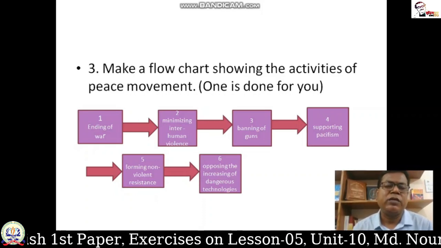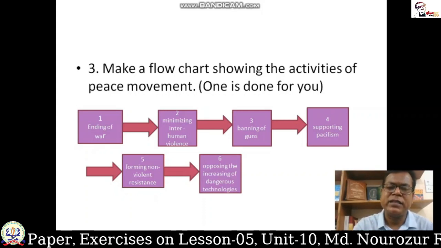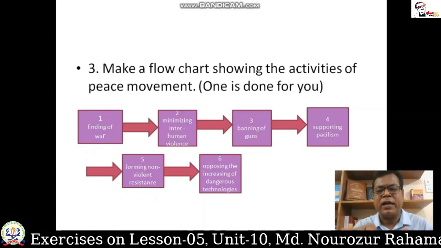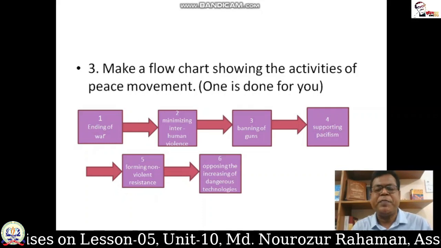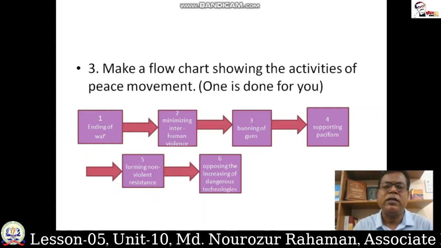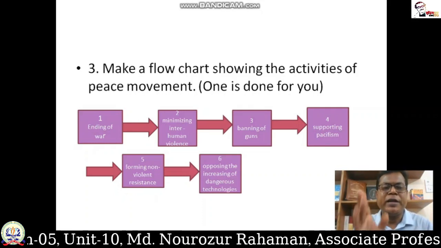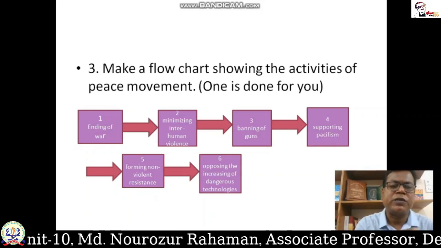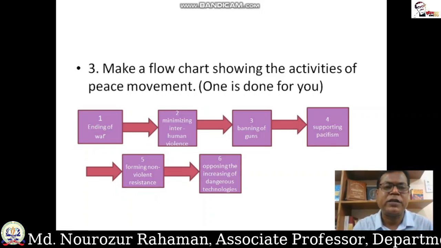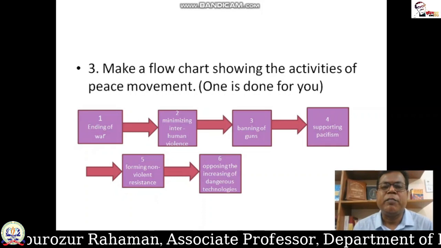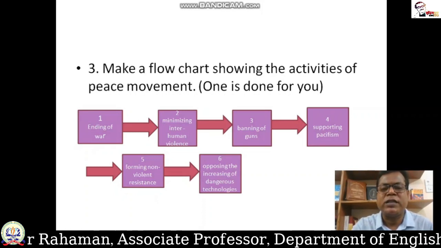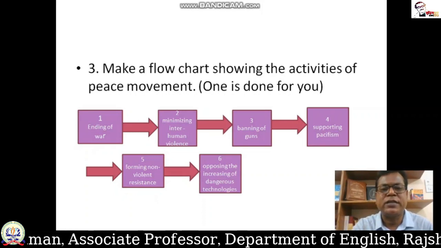Okay. Here I have written the answers in other 5 boxes, but in the question paper, in the exam hall, you will find only the first box. But in the 5 boxes, you have to write the answers.